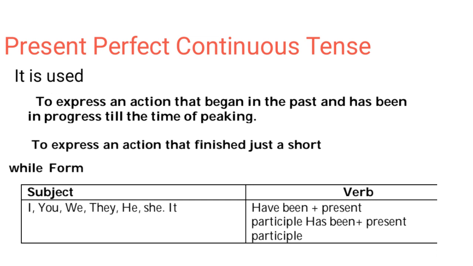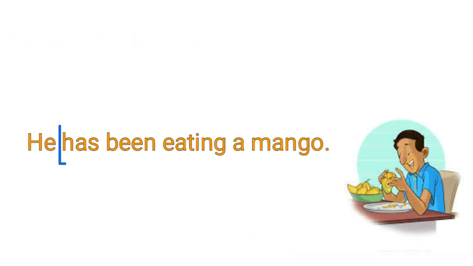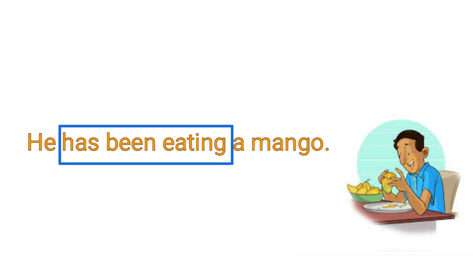Such kinds of actions can also be written in present perfect continuous tense. Look at this example. He has been eating a mango. Okay. Now he is not eating it. He has been eating a mango and just a moment before, that's over. He has finished eating it.